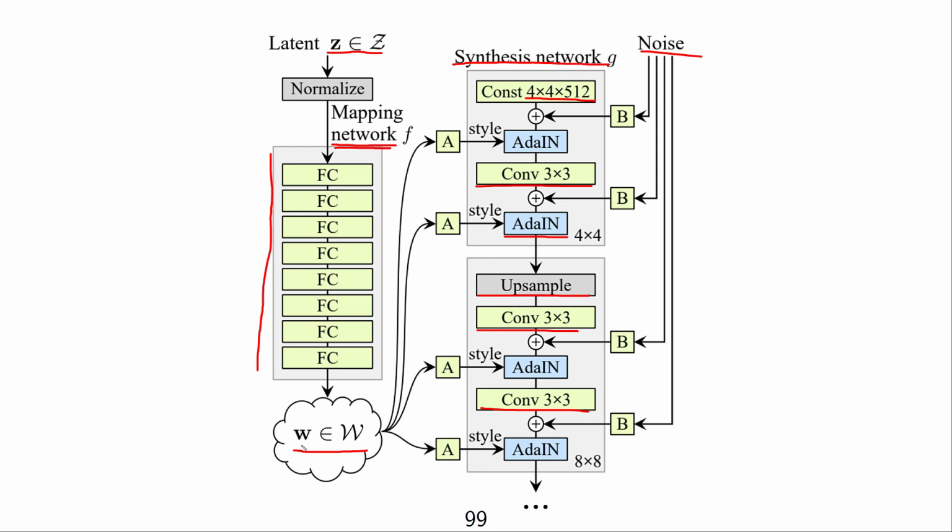And so these W's are also 512-dimensional, and they will control the instance normalizations. At the end, that means that each output image is controlled by one single 512-dimensional vector.